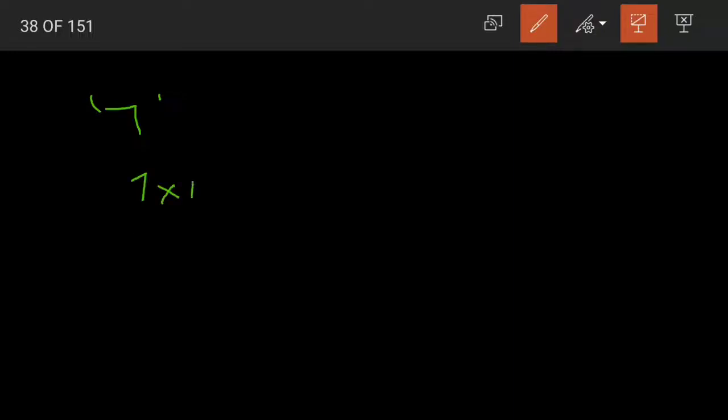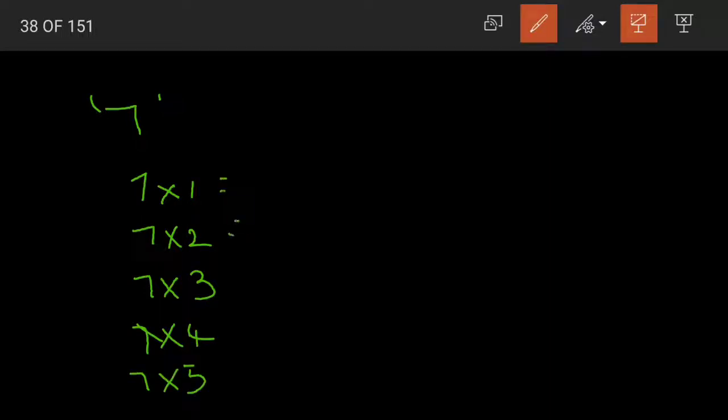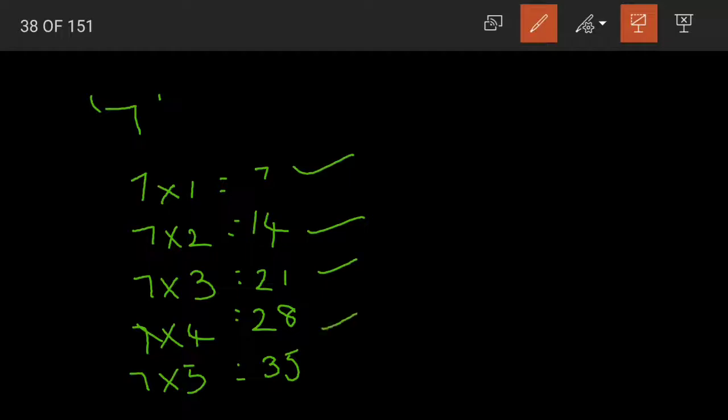We need to multiply with numbers starting from 1 and ending at 5, as we have asked only the first 5 multiples. 7 ones are 7, 7 twos are 14, 7 threes are 21, 7 fours are 28 and 7 fives are 35. So 7, 14, 21, 28 and 35 become our multiples.